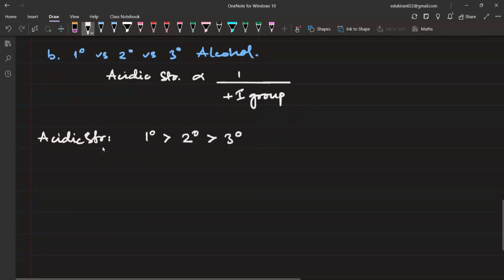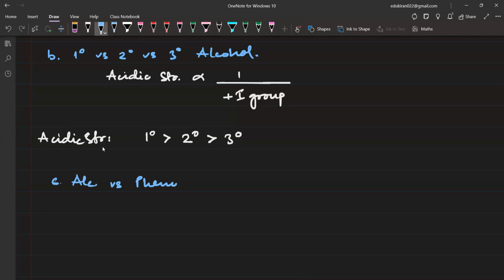Now, the C part that we have to compare is alcohol versus phenol, right? Now, again, if I look here, RCH2OH. This is a simple alcohol, and I have taken the most acidic primary alcohol. Now, moving on, it is going to dissociate.